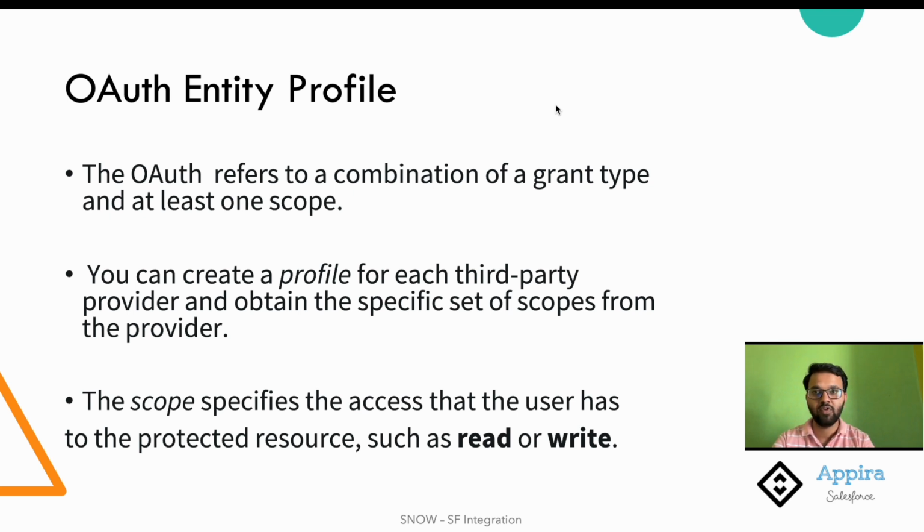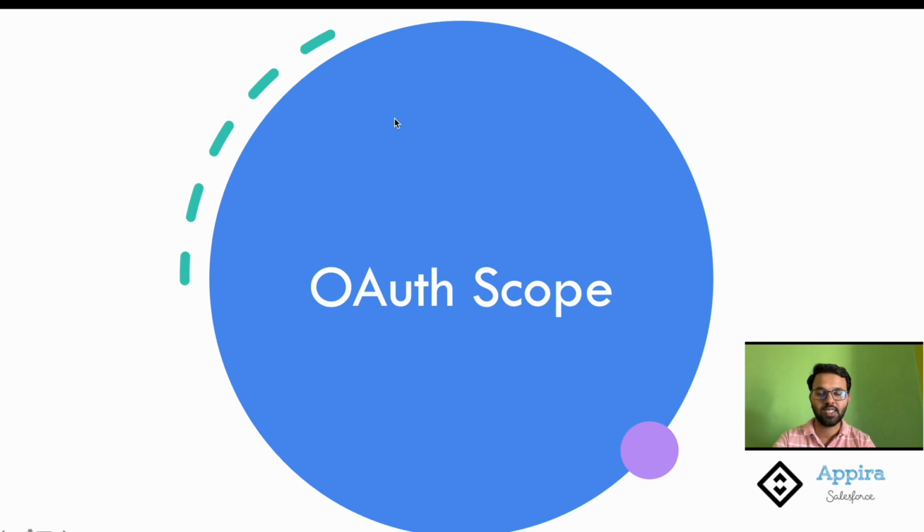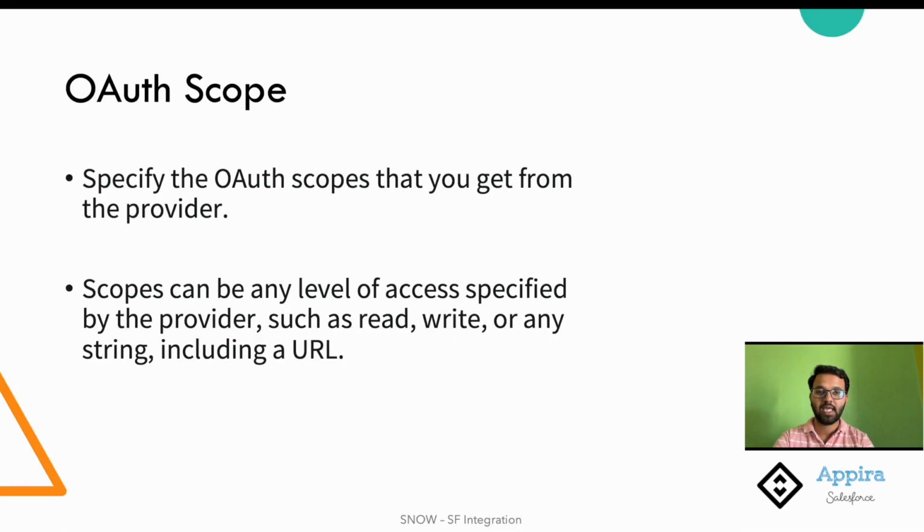We have given a full scope in Salesforce, and for the profile we haven't created a profile in ServiceNow. We will require to create it, and then we'll also see the OAuth scope. OAuth scope will tell what type of access the provider has, like read or write or any string.